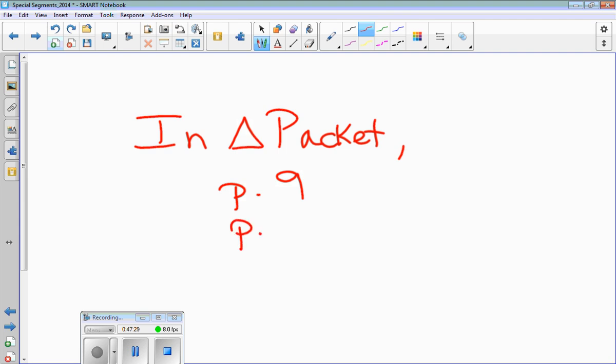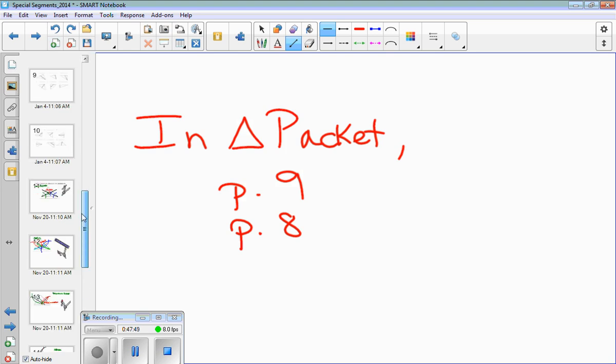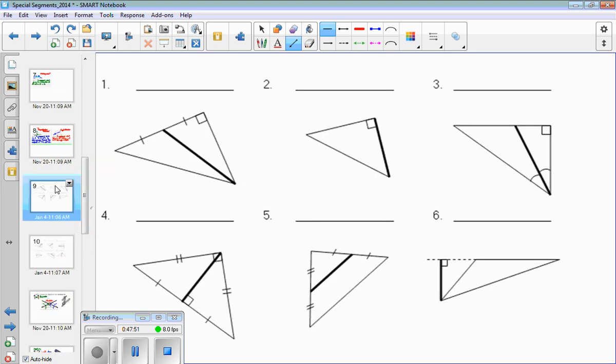So realize they're out of order. 9, right? 9. And then 8. I know it says 8. They're out of order. Okay. Basically, it's just a segment homework, folks. It looks just like this. It's the 2 pages that have this stuff on it in your packet.